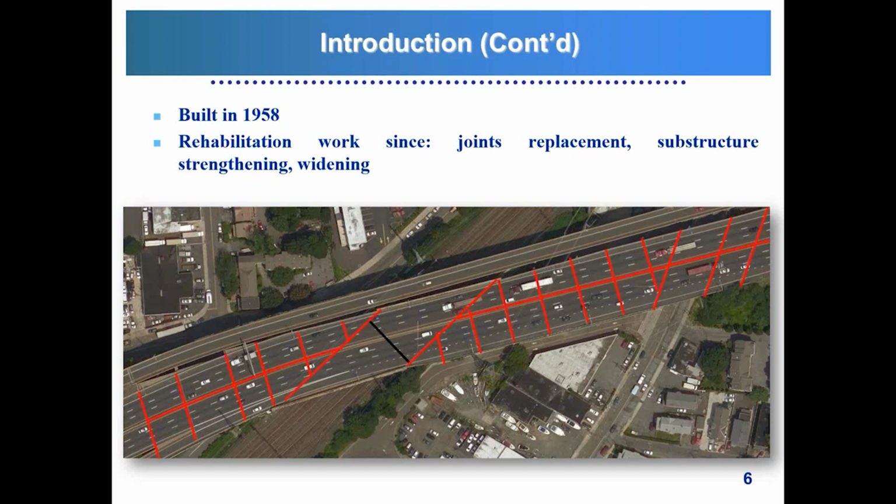This is the span configuration of the bridge. Basically, we have 17 spans. We have a joint that runs along the length of the bridge, with the exception of this main span over here. And as you can see, we have a few non-typical geometries in the bridge.